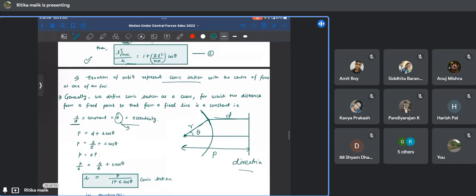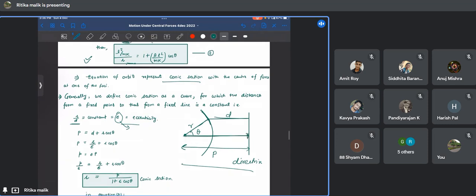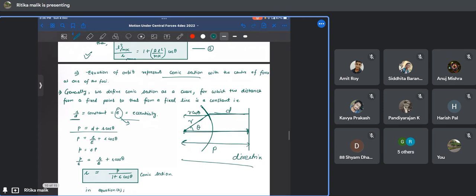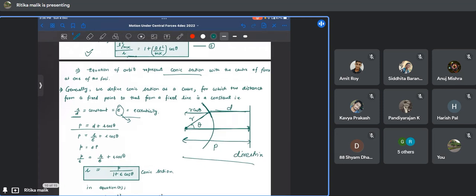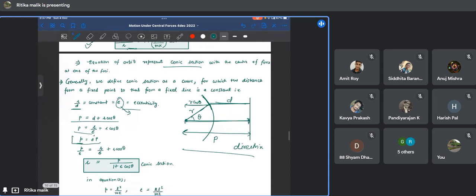If you want to write the equation for the point P, the distance will be d plus this distance, which is r cos theta here, the projection of this. You just replace small p as some quantity epsilon times P, just to make a simplification.